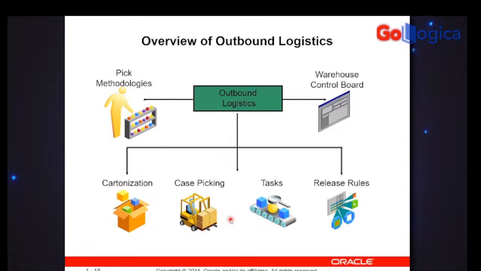We have a specific setup for that, when enabled. The entire LPN must contain your full quantity. Let us say you want to ship four quantities of item A and your LPN contains three, at that time it will reject. That is how case picking works.